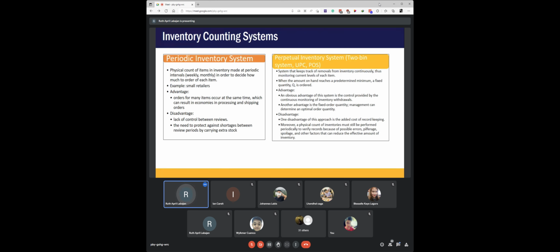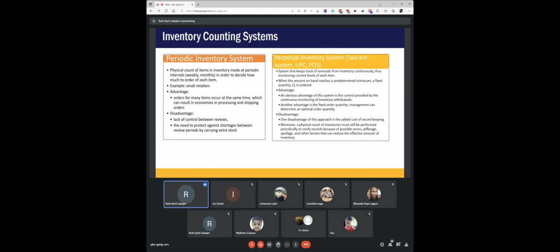For the first one, the inventory counting systems. The inventory counting systems are there to keep track of your inventory. And there are two types of inventory counting system. We have the periodic inventory system and the perpetual inventory system. Sa periodic inventory system, muning classic, no?